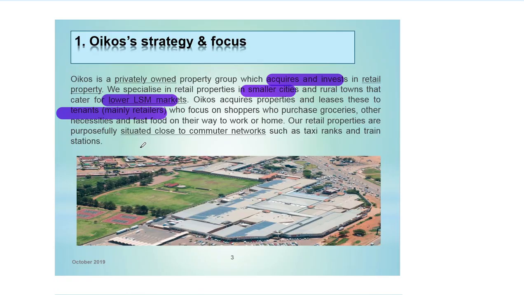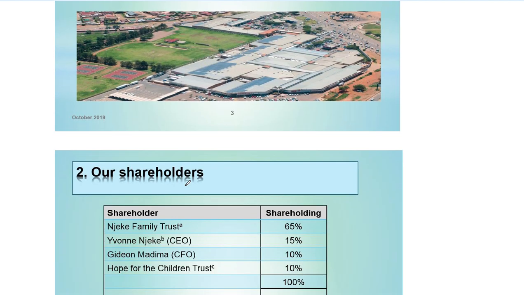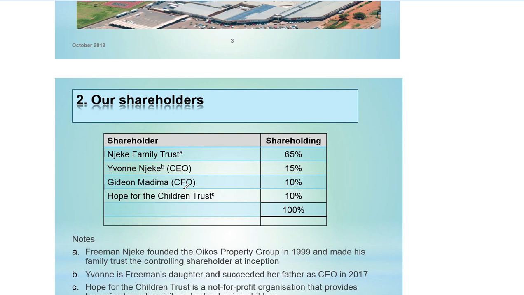So the most important thing for you to understand is that this business acquires properties, and then once they've acquired this property, they rent them out to the retailers, which means their main revenue will be the rental income. So everything surrounding rental income is very important for them. Now let's just move down. Our shareholders. Who are the shareholders of the companies?